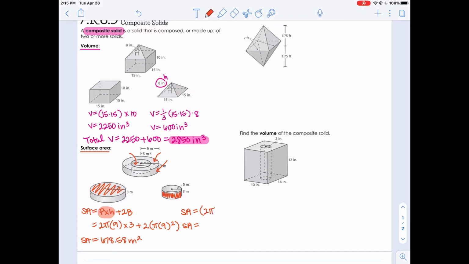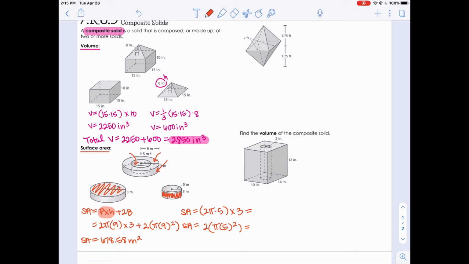So 2 pi times 5, and then times my height, 3. Okay, and then I also want to subtract 2 of the base areas, those 2 small circles that are cut out of the top and the bottom. So 2 times pi 5 squared. Okay, let's find these separately, and then we'll do our final area in just a sec. All right, let's type this in our calculator.